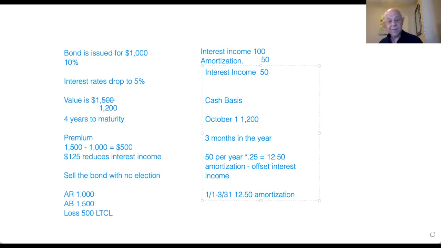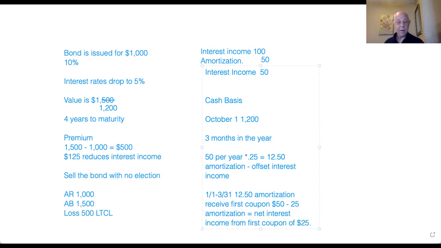I'm going to receive my first coupon, and that's going to be $50. And I'm going to subtract $25 of amortization. And I'm going to have net interest income on the first coupon of $25. All right, and then we're going to do this for the life of the bond.